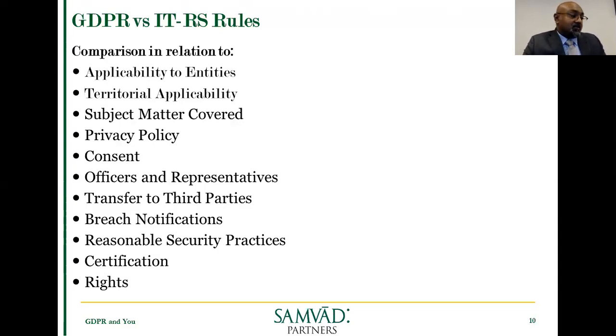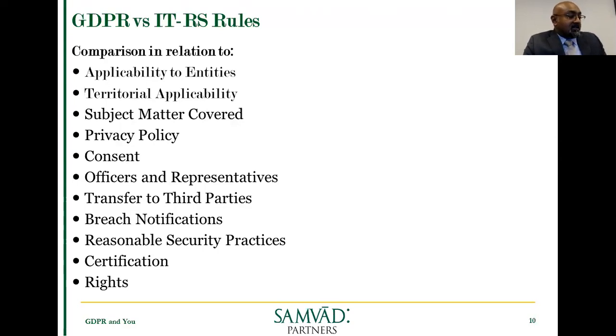The privacy policy is supposed to be providing for clear, accessible statements of practices and policies. It's supposed to mention the type of sensitive personal information which is being collected, the purpose for collection, the circumstances under which that will be disclosed to other parties, and the fact that there are reasonable security practices being followed and what those are.